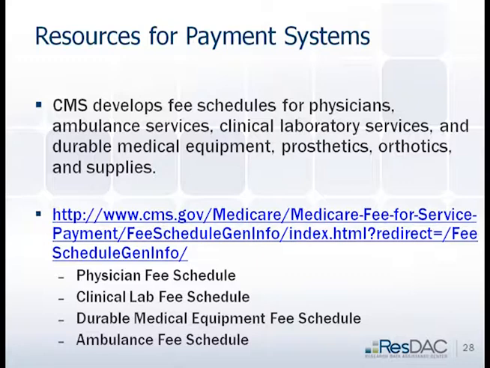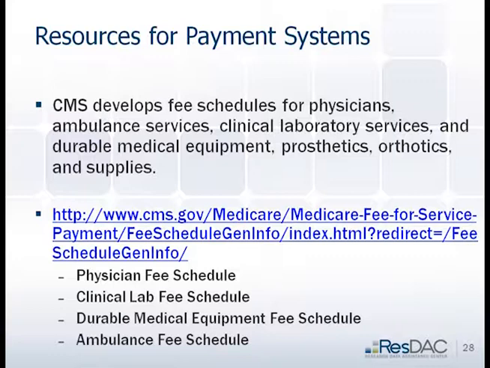Okay, lastly, if you're then looking at individuals versus institutions, again, CMS develops fee schedules, which in essence are prospective payments for physicians, ambulance services, clinical lab services, durable medical equipment. That includes prosthetics, orthotics, other types of supplies.